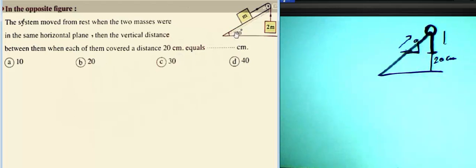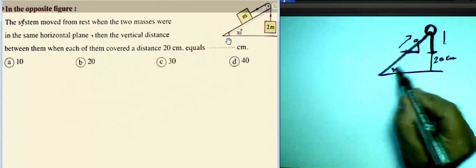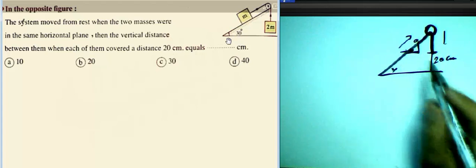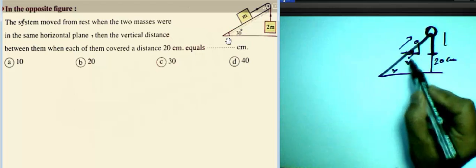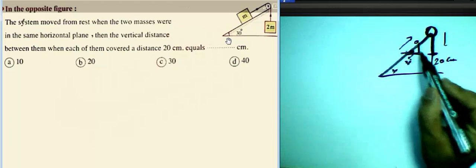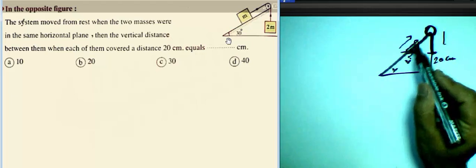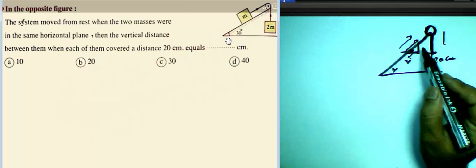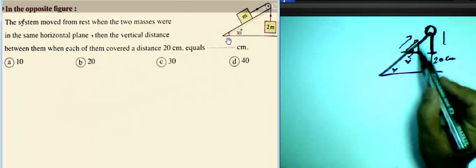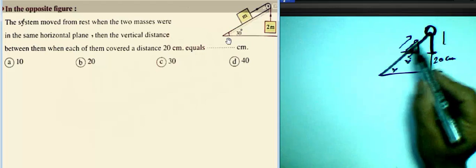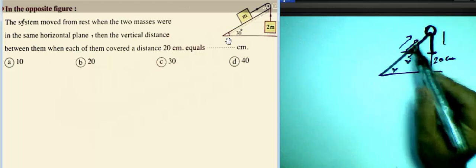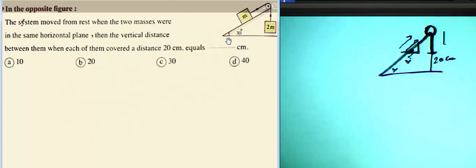He gave us this information: this angle was 30 degrees, so this vertical will be this line segment multiplied by sine 30. This vertical equals this part multiplied by sine 30.